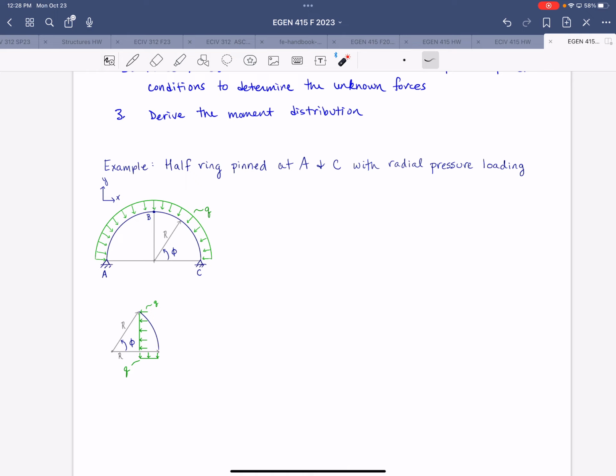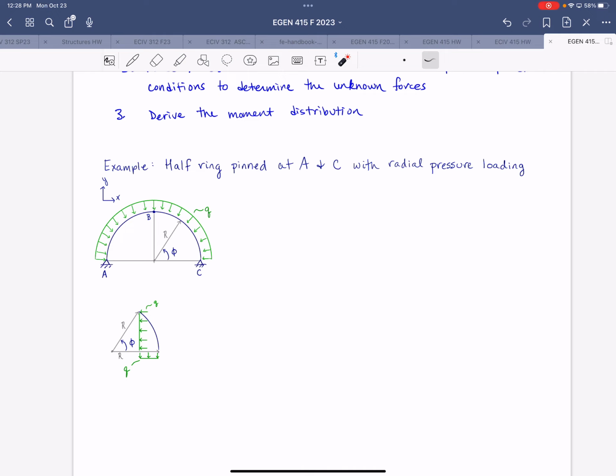What makes this case more complicated is that we can't ignore the axial contribution to strain energy. The combination of the indeterminate configuration and the radial pressure means that there's going to be significant axial energy involved, and so we have to include that in our solution.